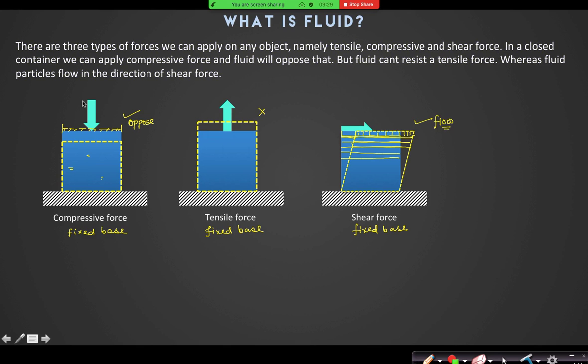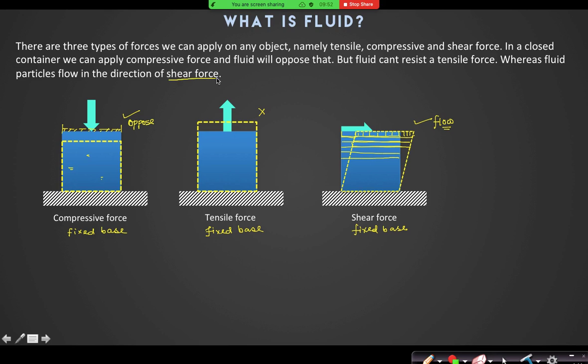So if I now tell what are the properties of fluids, there are three types of forces we can apply on any object: tensile, compressive, and shear force. In a closed container, we can apply compressive force and fluid will oppose that. But fluid can't resist tensile force, whereas fluid particles flow in the direction of shear force.